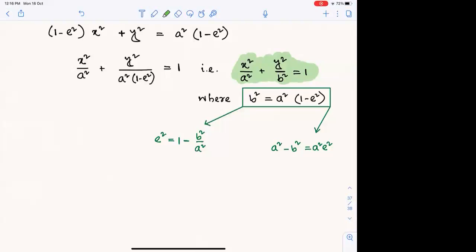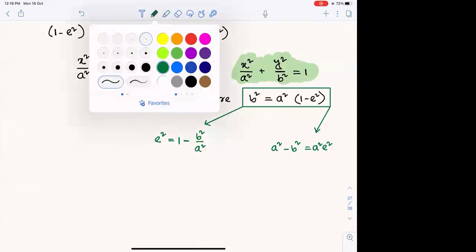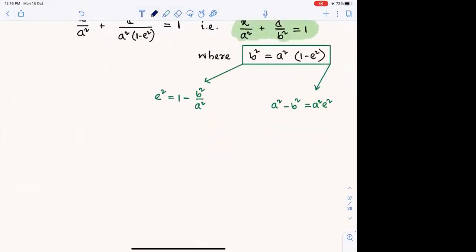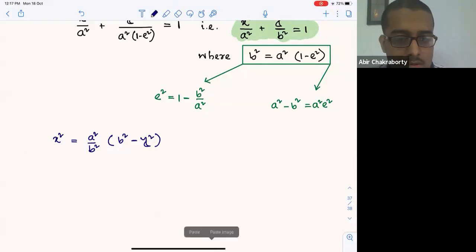Moreover, from this relation, we can also write x square is equal to a square by b square into (b square minus y square), and that confirms that this relation holds good.